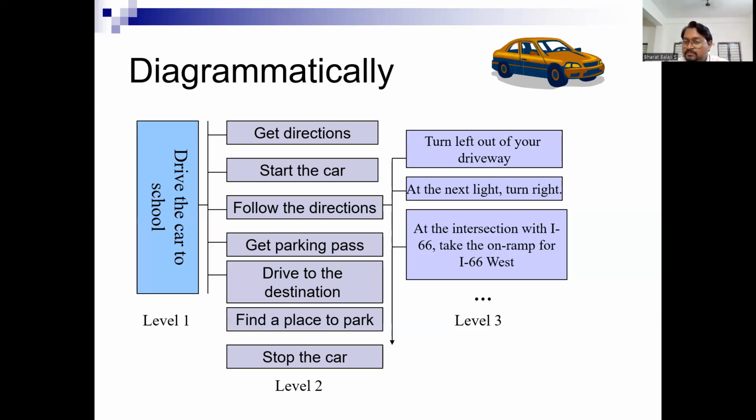And at the intersection with I-66, take the on ramp for I-66 west. That means any address related to that particular place is given. This is in addition to the level 2 instructions. In addition to these instructions, these 3 extra instructions will be given in the third level of abstraction. This is how we get the levels of abstraction.